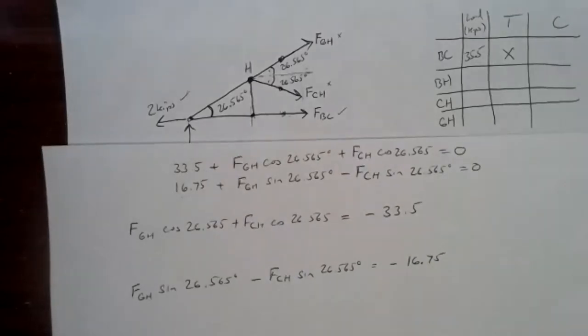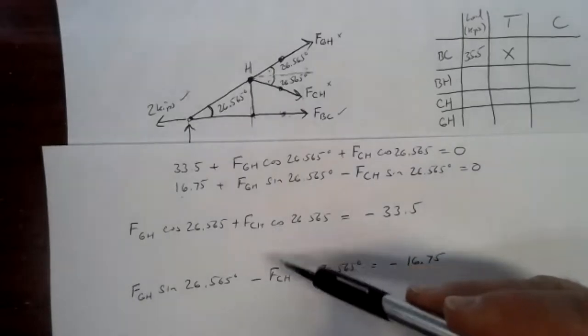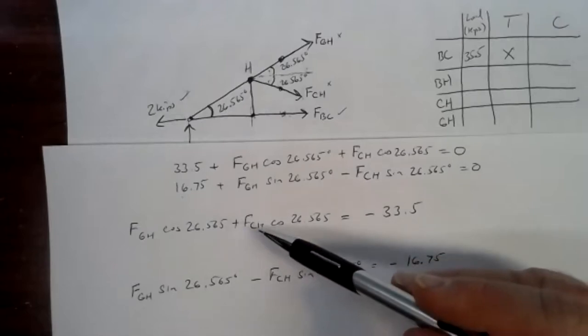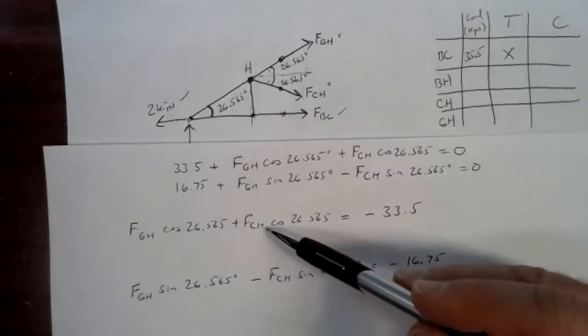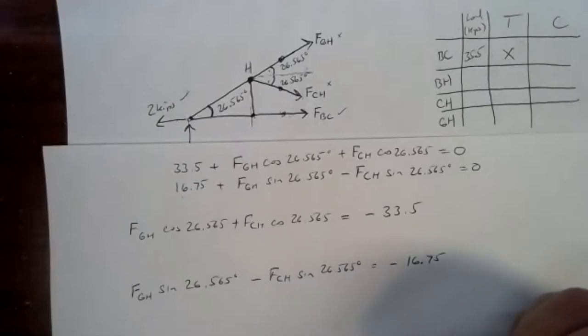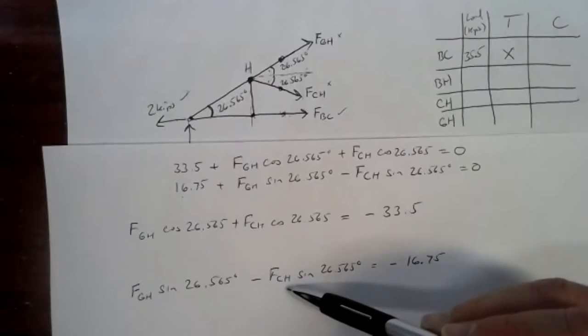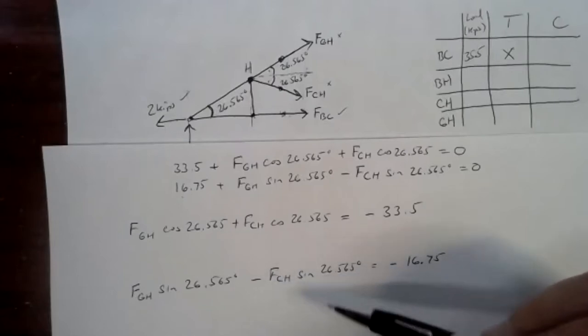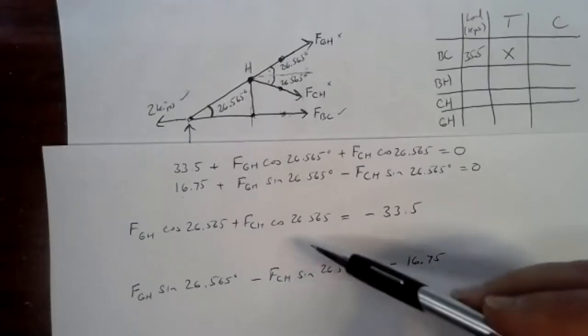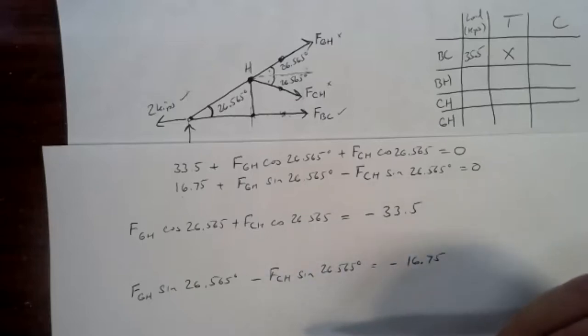Now, when we're working with simultaneous equations, the way that we've learned how to solve that is by elimination, by combining the two equations together in such a way as we can eliminate one of the unknowns. And my target for elimination here would be FCH, because FCH has a positive in one equation and a negative in the other. It'd be easier, though, if FCH was just FCH alone and not FCH times the sine of 26.565 or the cosine of 26.565.